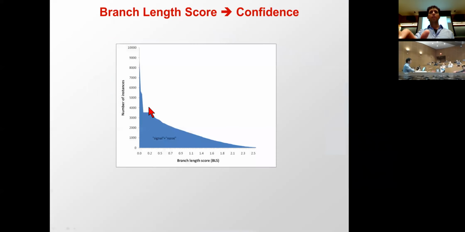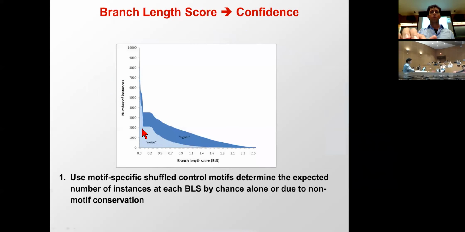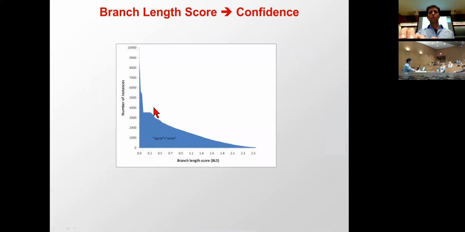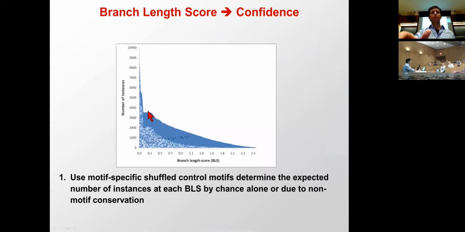So this is what I would expect for the number of instances that are found at every branch length score. If I have a very, very strong branch length score, there are very few instances. And as I reduce the threshold of scoring quality, then there are more and more instances.